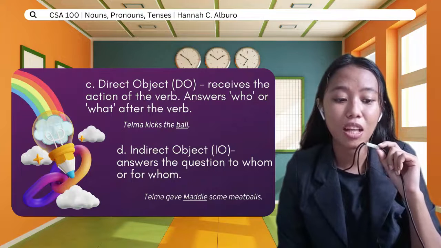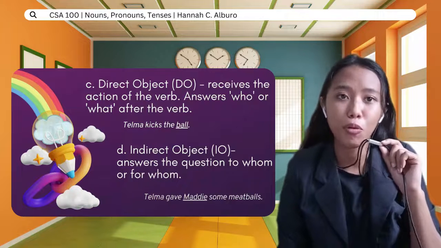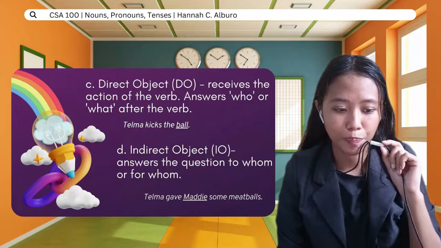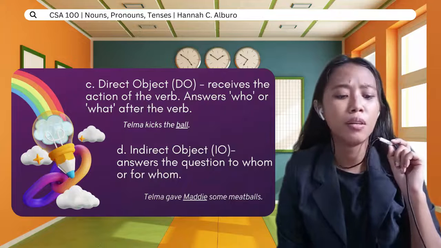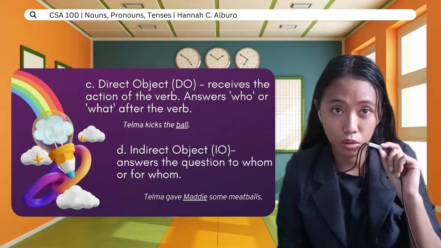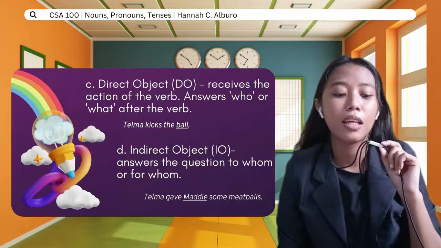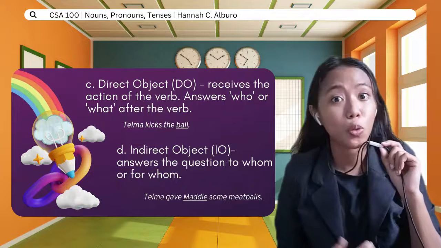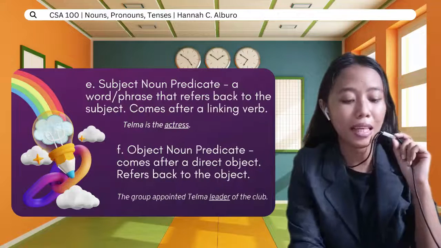It is because it answers the question to whom or for whom. Let's transform this sentence into a question form. For whom were the meatballs? For Maddie. To whom did Telma give the meatballs? For Maddie, di ba? For Maddie.